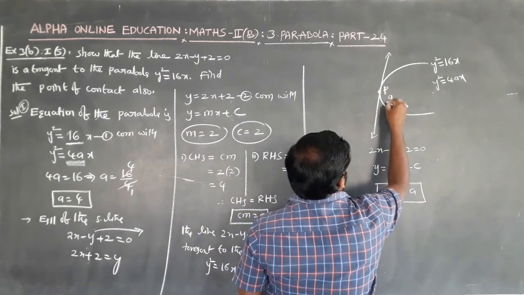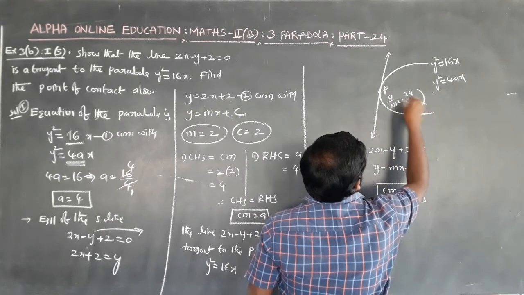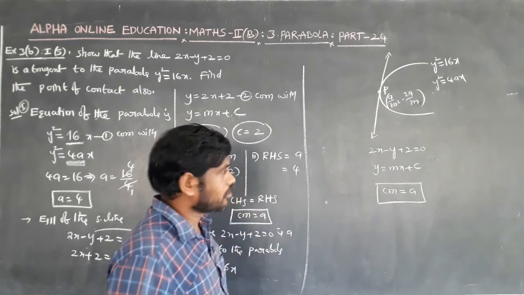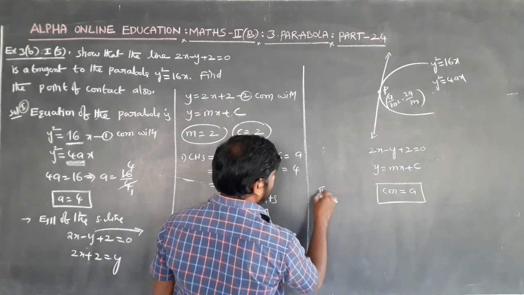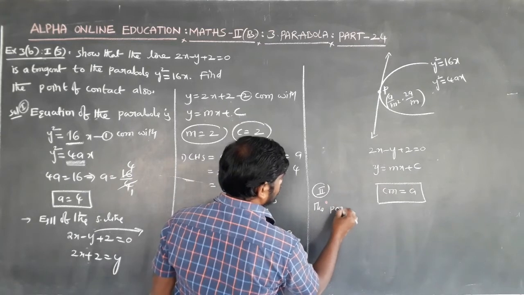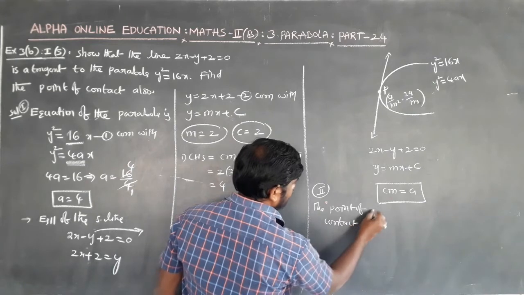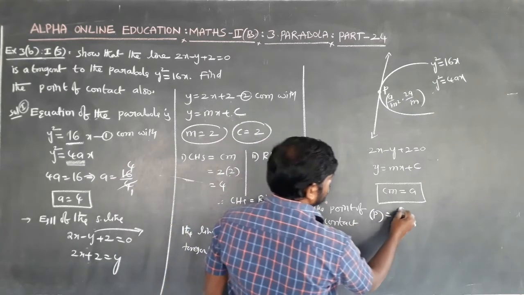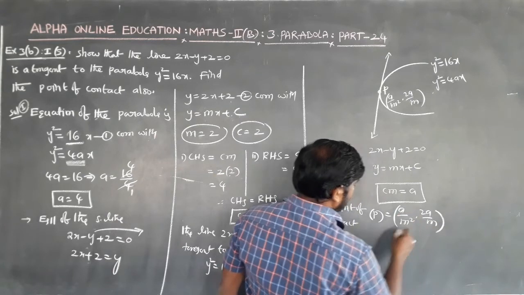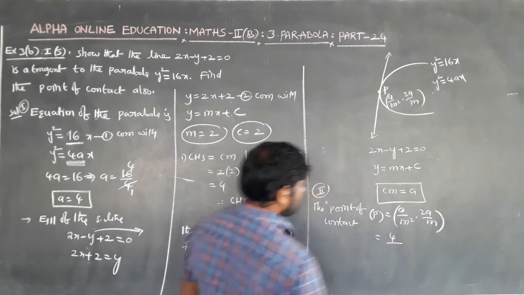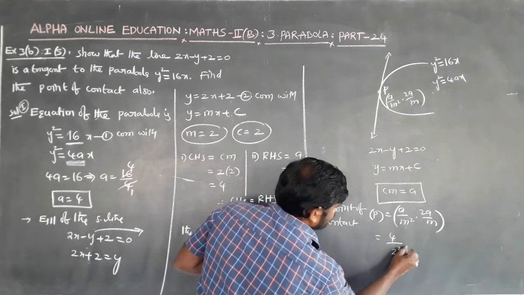The point of contact is a by m square comma 2a by m. P is equal to a by m square comma 2a by m. a is equal to 4, m is equal to 2.